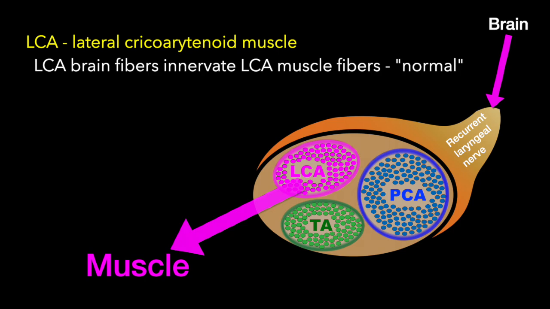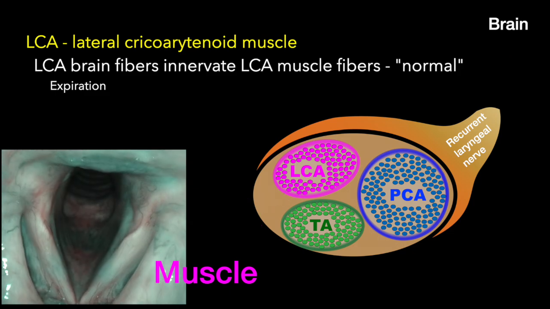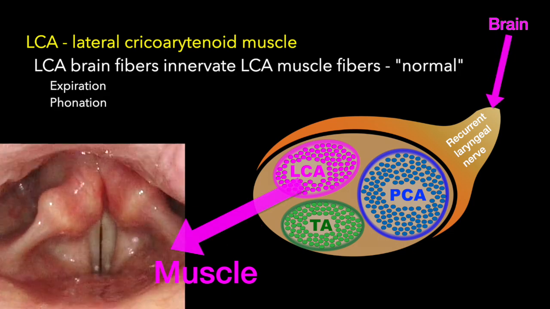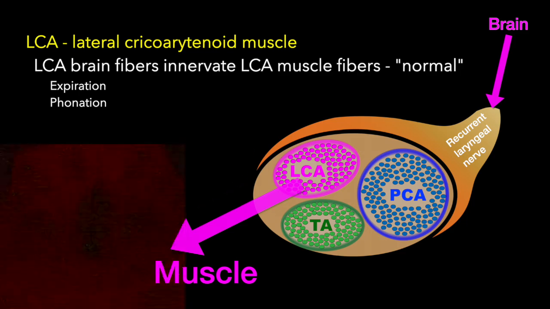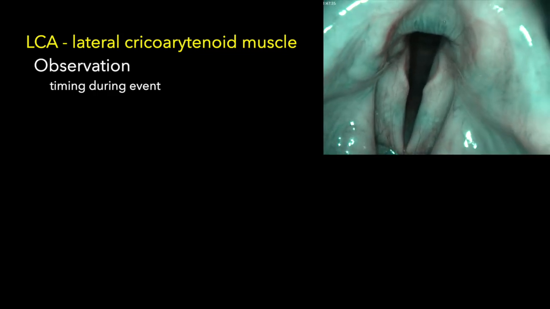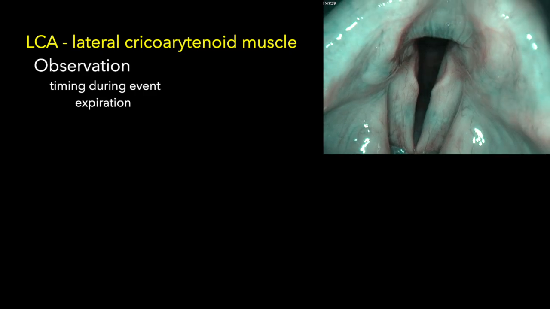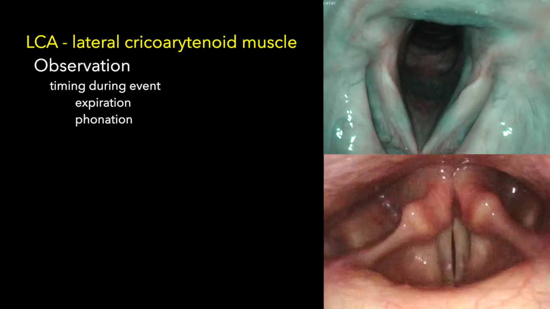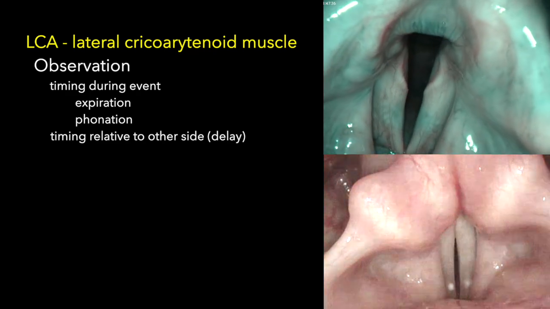And that typically occurs during expiration, which we've just watched, and it occurs during phonation, so that anytime you want to narrow or close the glottis, the LCA part of the brain will fire. So what you're trying to observe is timing during an event. Does the vocal process rotate and move medially during expiration and during phonation? And you can evaluate that timing relative to the other side.